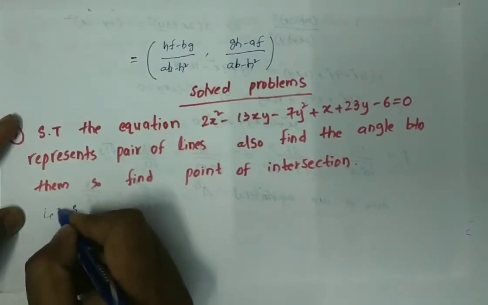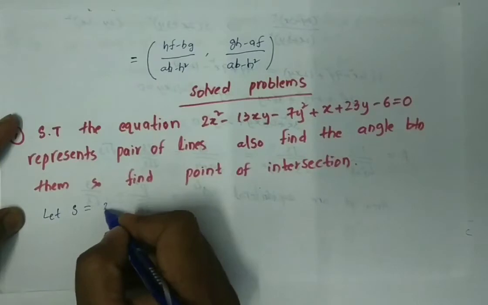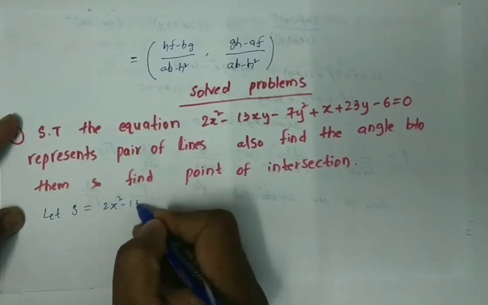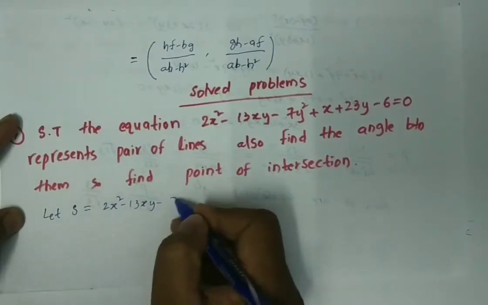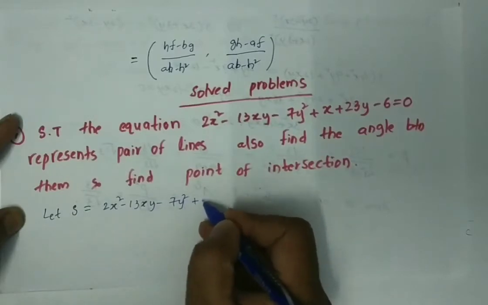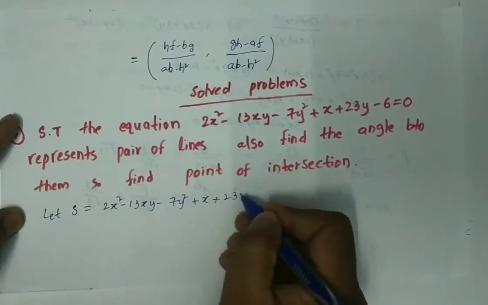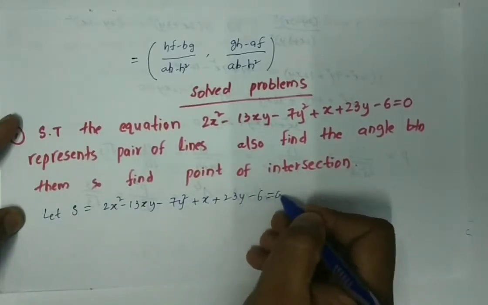Okay, s which is equal to 2x square minus 13xy minus 7y square plus x plus 23y minus 6 is equal to 0.